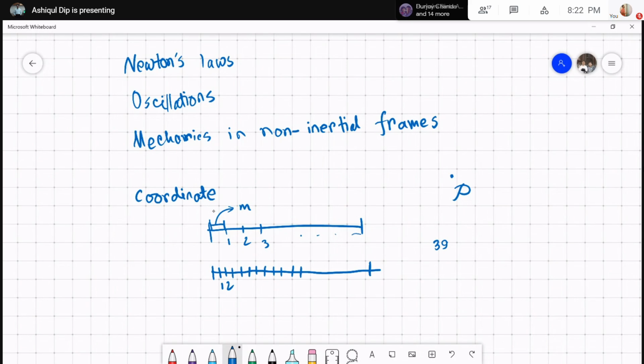Also, you have to mention which coordinate you have chosen. Are you using feet or are you using meters? So these are your coordinates, right? It's a one-dimensional coordinate, but setting up a coordinate is basically assigning some numbers to a physical thing. Is that clear enough?